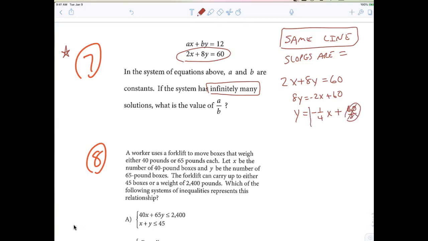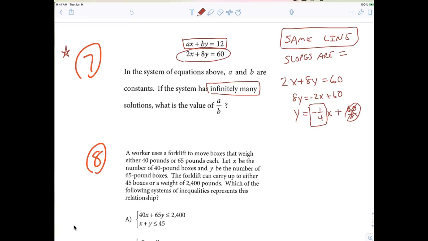I care about the slope, which is negative 1/4. Does everybody agree with that? Stay with me now. So what's the slope of this line going to be? Negative 1/4. Is everybody okay with that?